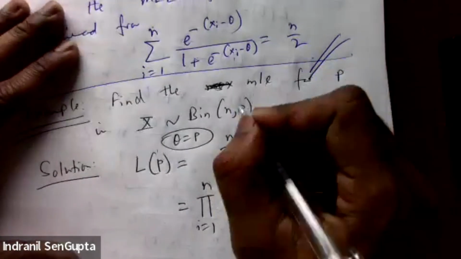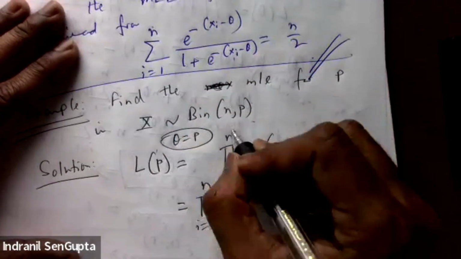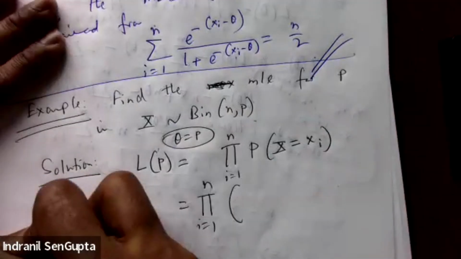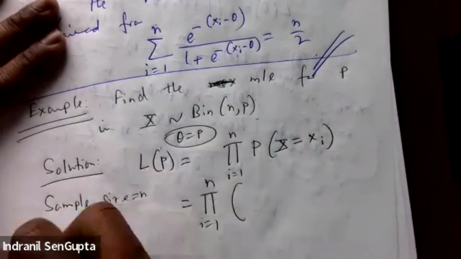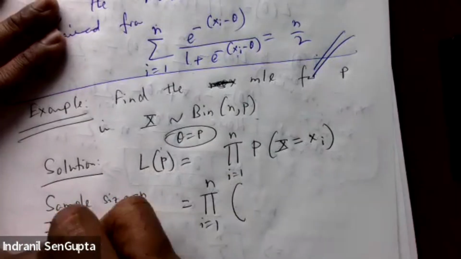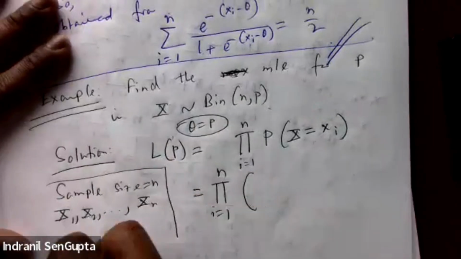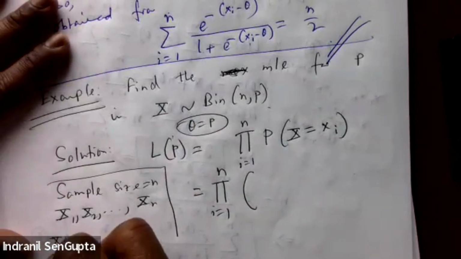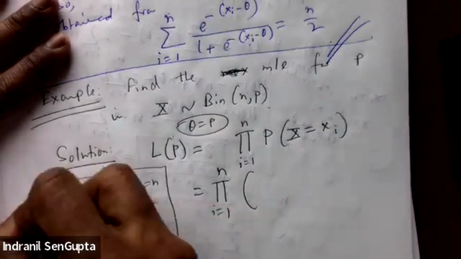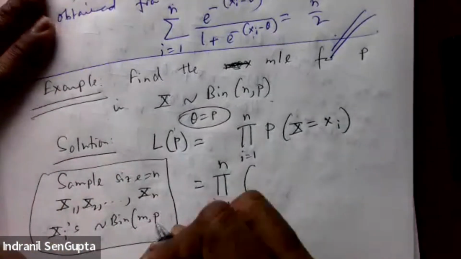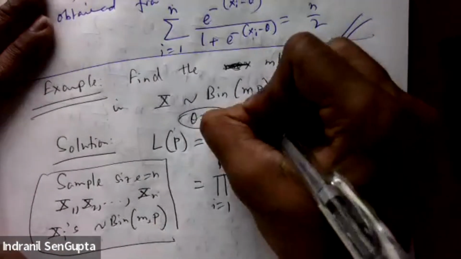I just want to make it a little more involved. So let's consider a sample of size n. So that means I take x1, x2, xn, where each of these xi's follows binomial, say m comma p. I'm just writing two different letters. So the sample size is n, and this is, let's make it m.